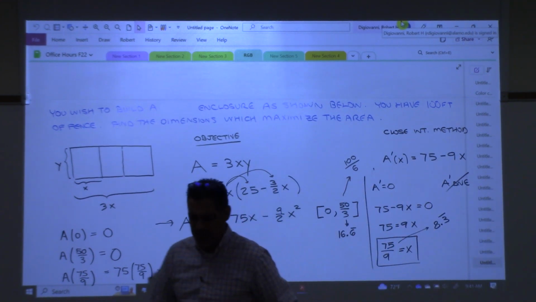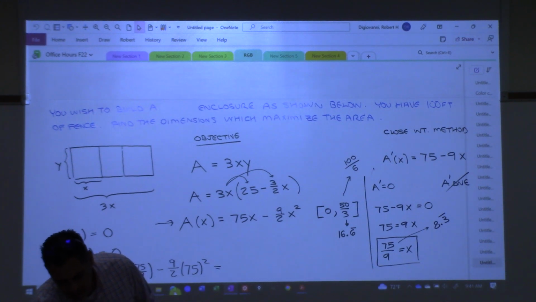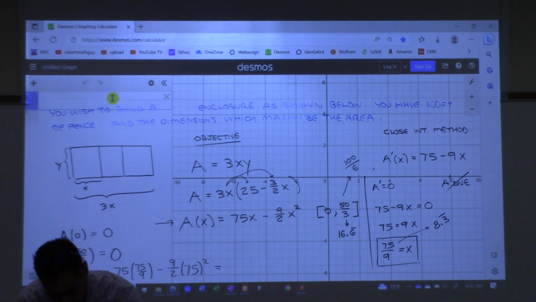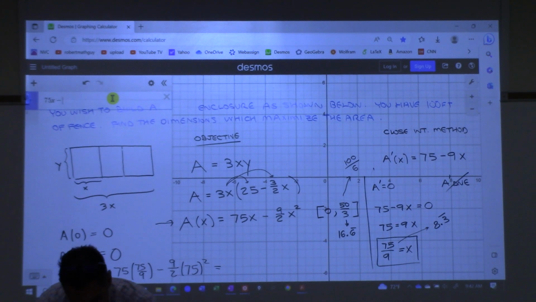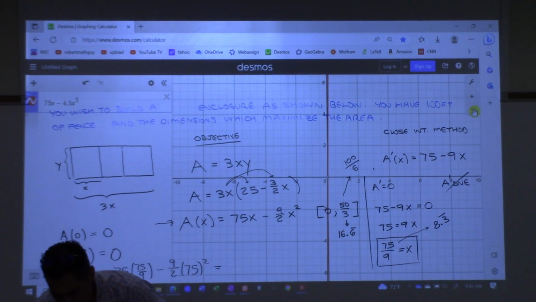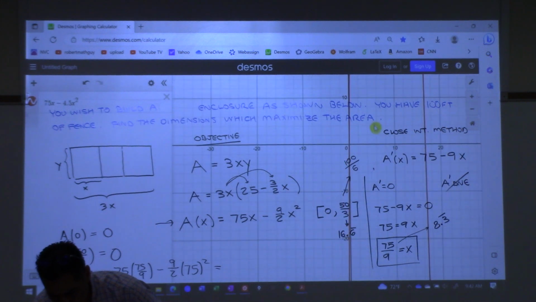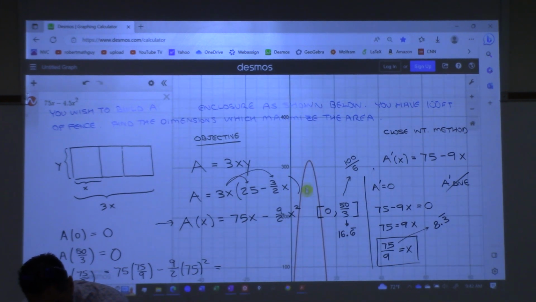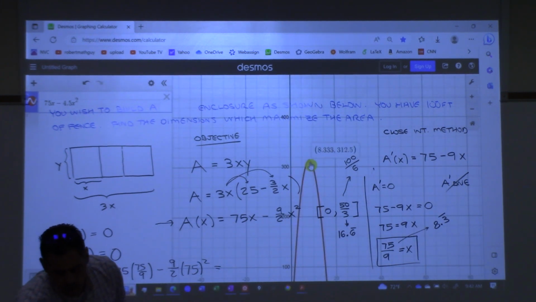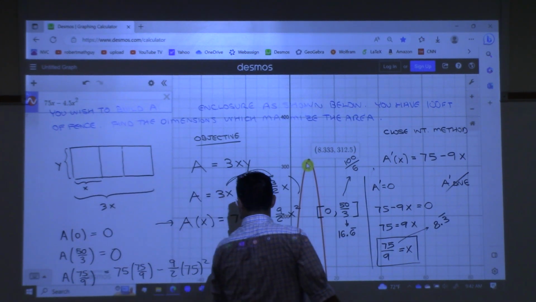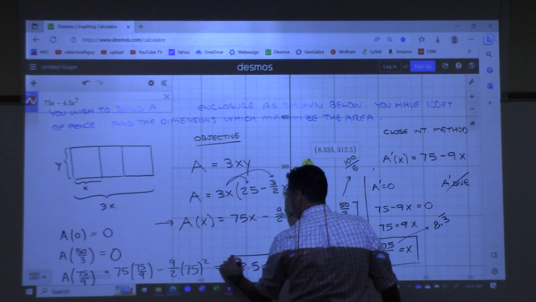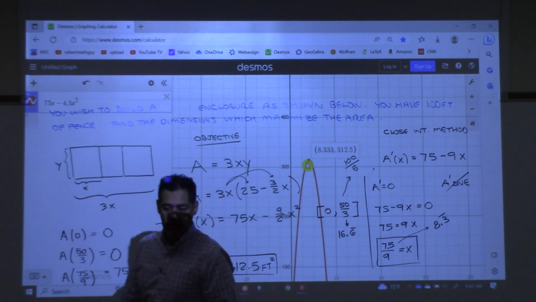So I'm going to cheat here. 312.5 square feet, right? That's definitely the max.